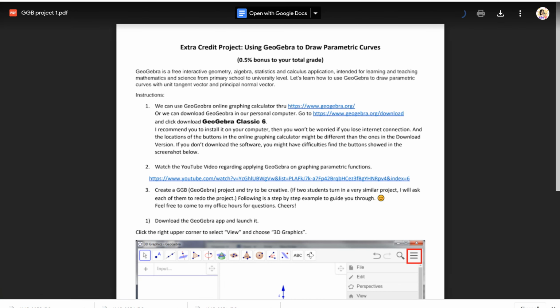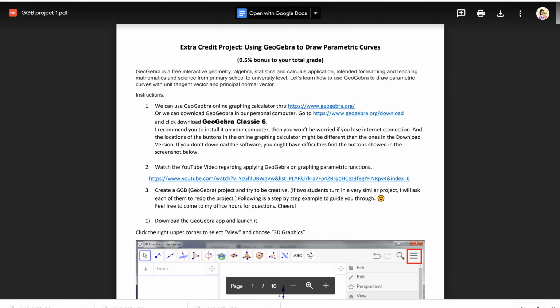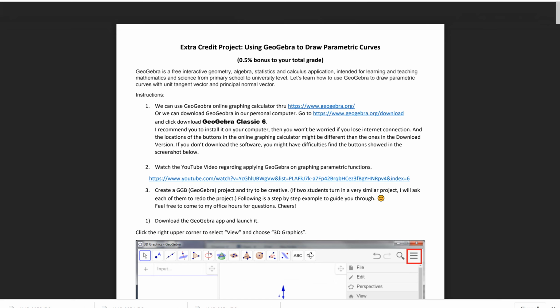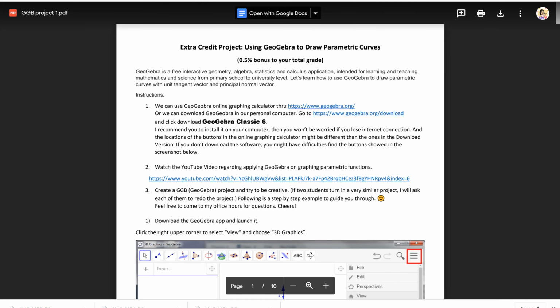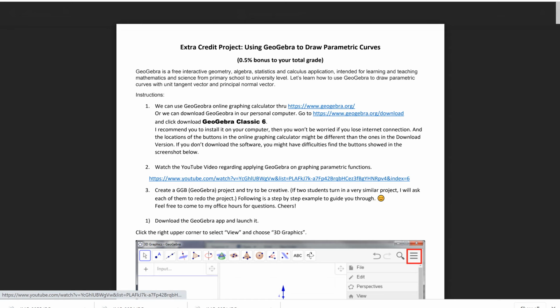Please download GeoGebra Classic 6 on your computer, no matter whether you use Windows or iOS, you can both download it. And then watch these videos. I have a YouTube video showing you how to graph those curves and create those vectors. And then we have the animations.